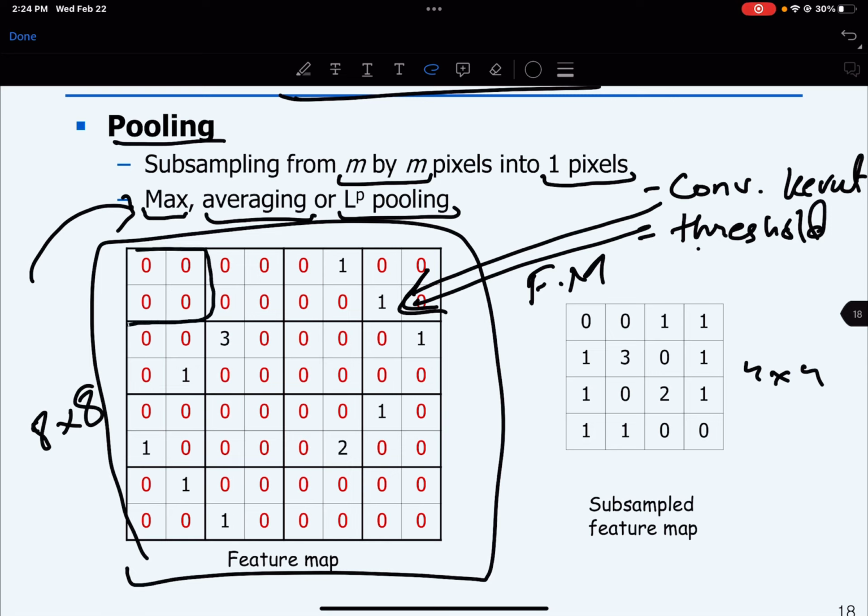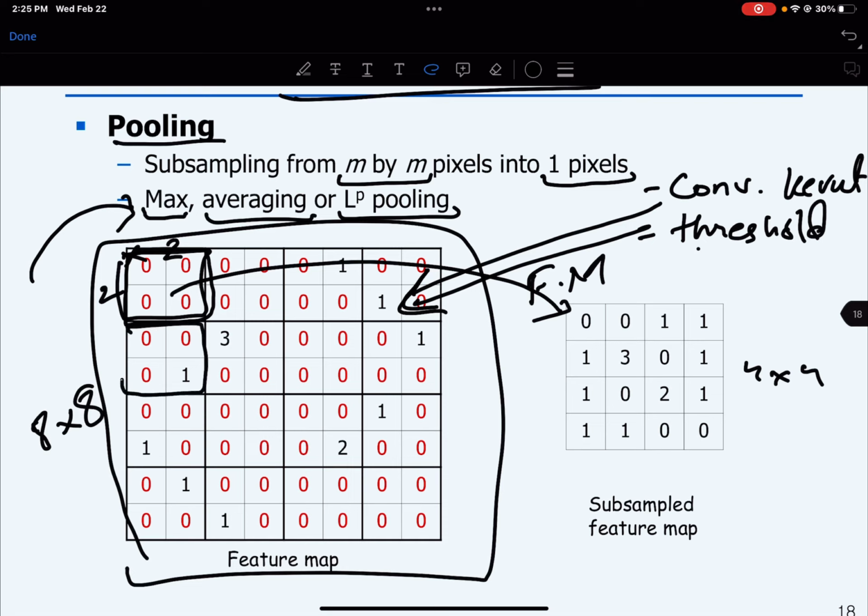So what does max pooling do? For example, if we are taking the max pooling concept, we consider, for example, 2 by 2 pixels, and then find the maximum value and place it in our subsampled feature map.